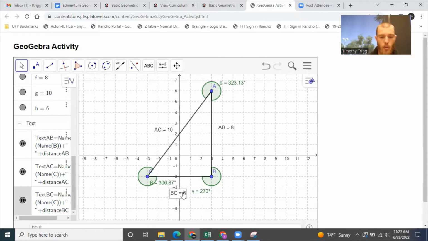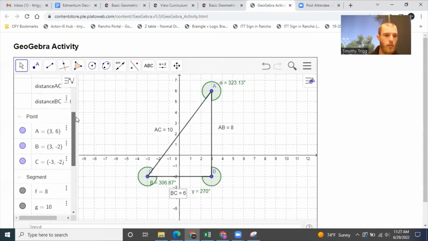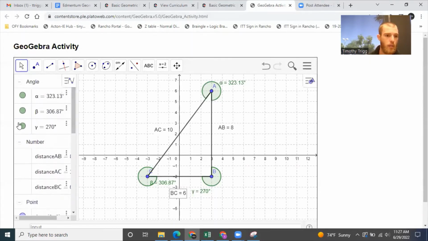So notice all the angles, they're now looking at like the exterior angles. So we're going to have to fix that. And the way we're going to do that is we're going to remove the angles. We're going to get rid of these. Okay, we don't want to see those anymore. And we're going to have to redefine the angle measures.